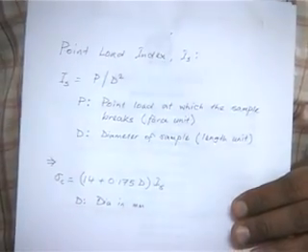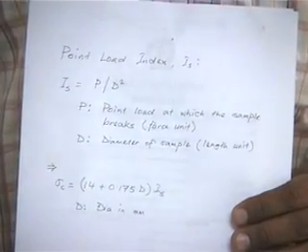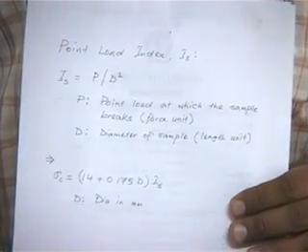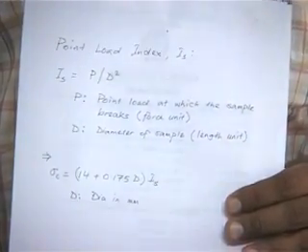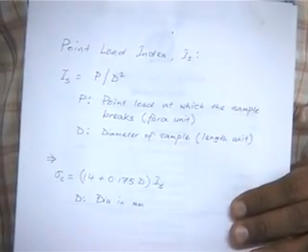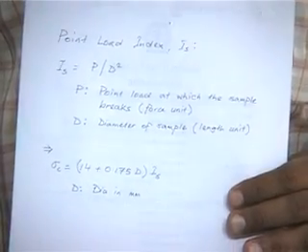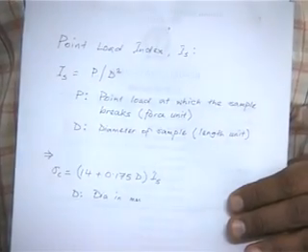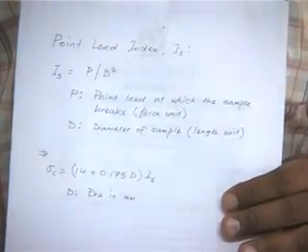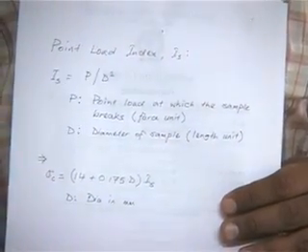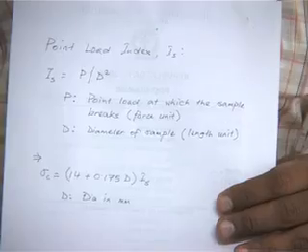Finally, from the point load index we calculate the uniaxial compressive stress sigma subscript C using the formula near the bottom of this handwritten note, which is 14 plus 0.175 times the diameter of the sample multiplied by the point load index, where D is taken in millimeter.